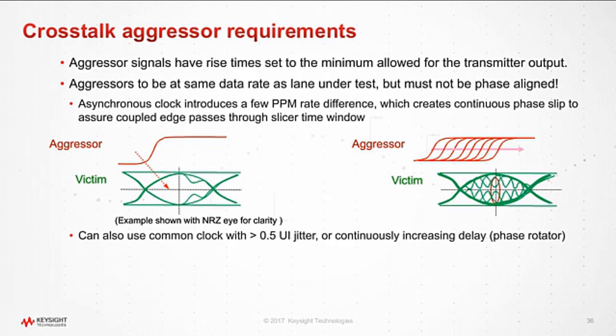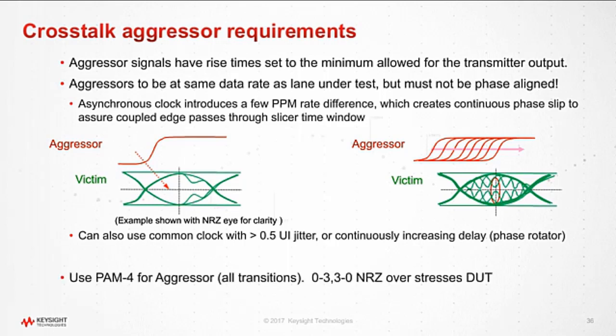If you have a multi-channel BERT and your BERT allows you on the second channel to have a separate jitter profile, which some do and some don't, and our new BERT for PAM4 does have this ability, then you can actually get away with a common clock, and all you need to do is dial sinusoidal jitter in with an amplitude greater than half a UI to guarantee that you are passing that aggressor edge through the entire unit interval, and program the lowest frequency you can for your SJ frequency, and that will suffice for the asynchronous. Because again, what we're trying to do is just slip that edge through.